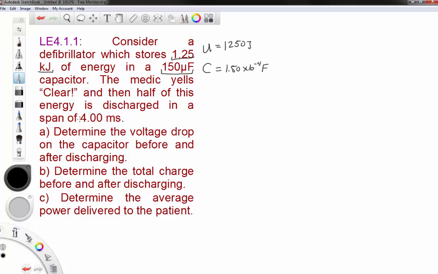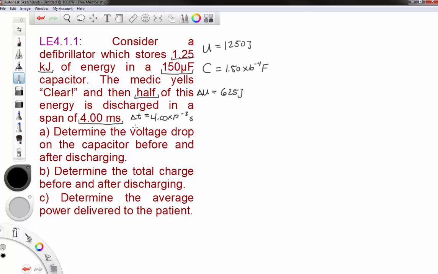And then last but not least, this is discharged in delta T equal to something like 4.00 times 10 to the minus 3 seconds. And then we should note that half of the energy, so delta U is equal to 1/2 of U, which in this case is 625 joules.